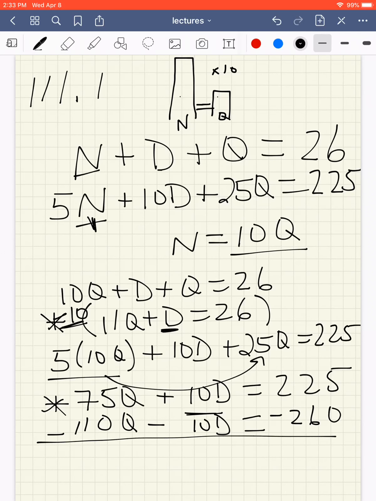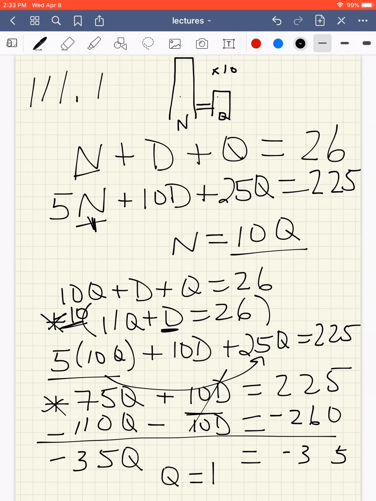Okay, so then the D's cancel out, and we have 10 minus 5 is 5, 10 minus 7 is 3, negative 35Q is equal to negative 35. So the number of quarters would be 1.